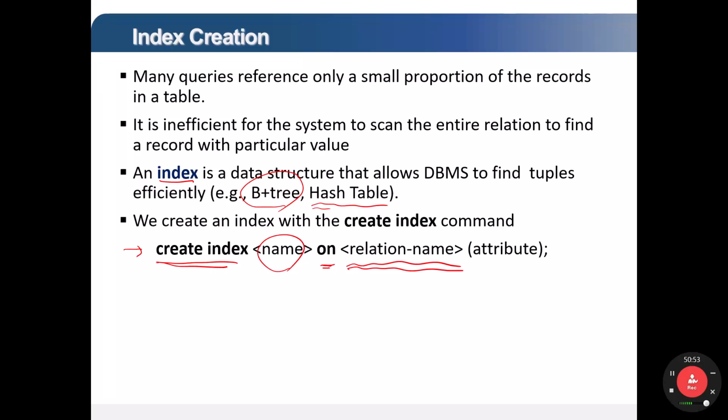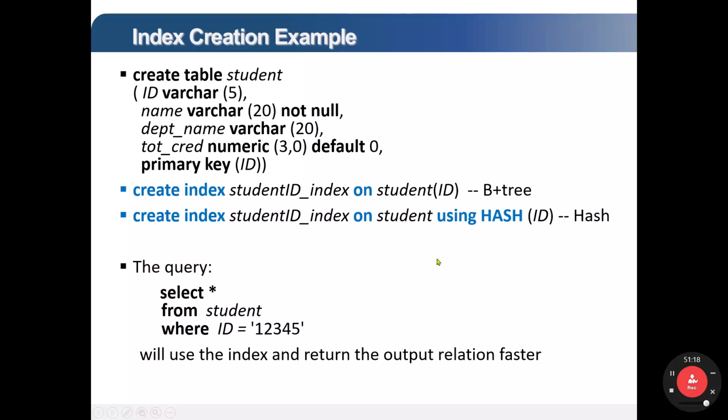And if you want to build an index on a specific attribute of this table, you should put the attribute name. And usually the index is built on a non-primary key. So although this is an option, usually we use the attribute name and table name together when creating an index.